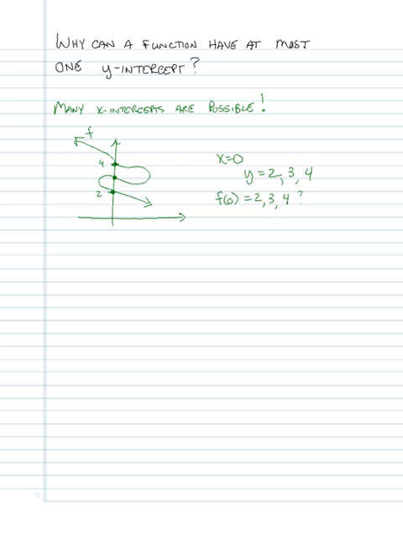Now, that actually makes me think about what's called the vertical line test. The vertical line test is a graphical method of determining whether a graph is that of a function.